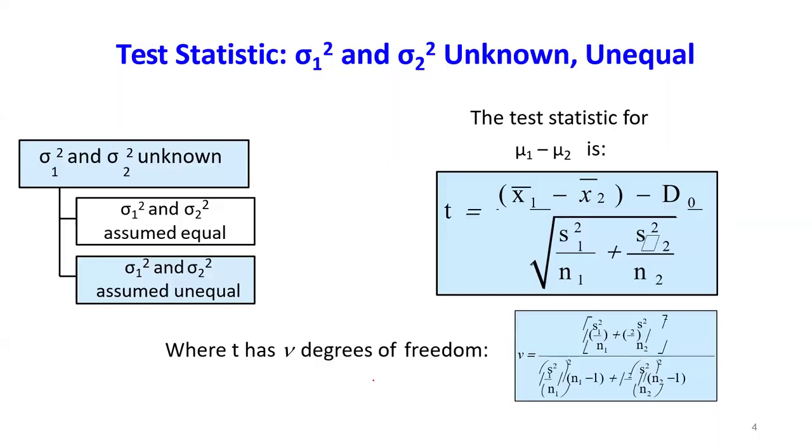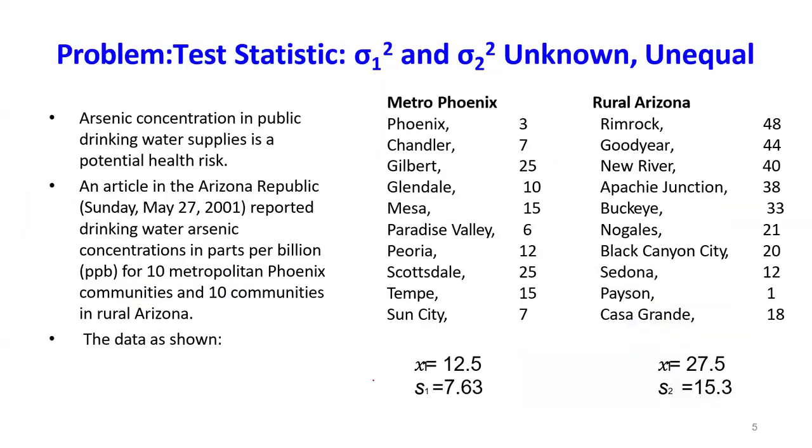Here it is a much more complex formula. It is there in the handouts, so you can refer to it if you want to understand the formula. For now, I'm just ignoring it and directly jumping into the example. Here there are two different regions, different cities, I would say different counties.